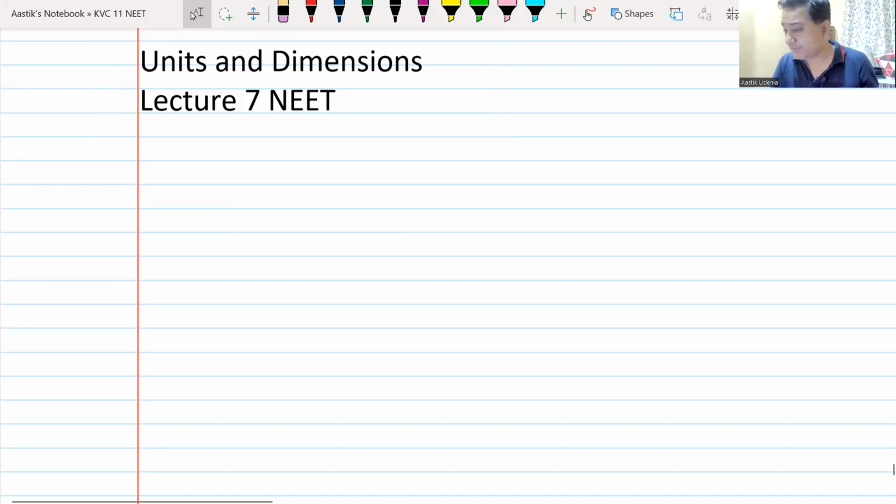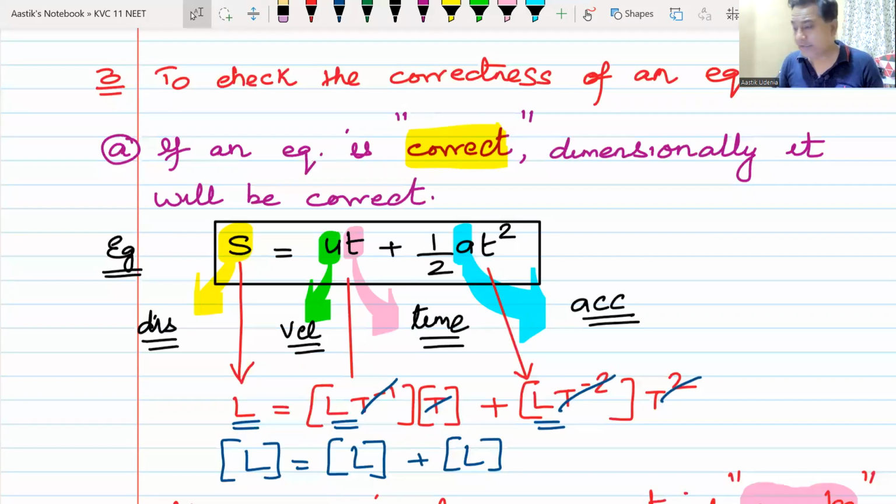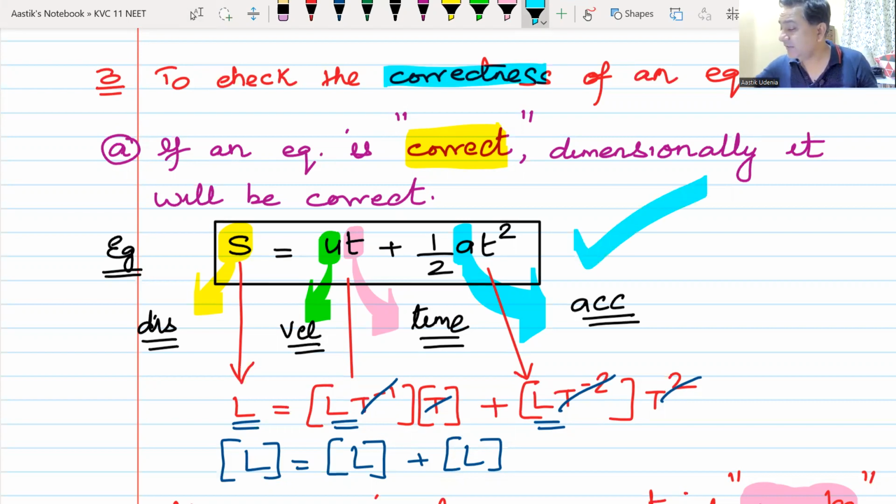In the previous class, we had seen the third use of dimensional analysis, and that was to check the correctness of an equation. We had seen that if the equation is dimensionally correct, it may be correct, as in this case.